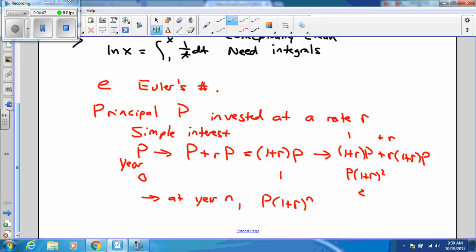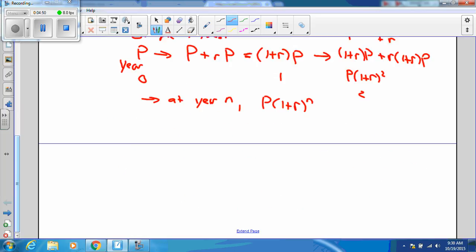Well, this is nice scratch work, but we'd like to clean it up into concise mathematical notation, so let's do it like this. Let's say that the amount, and actually let's call this year t rather than year n, because t is for time. So the amount for the interest rate R at time t is equal to principal times 1 plus R to the time t.